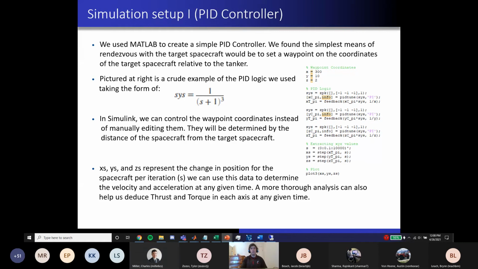It's a pretty crude system here, a pretty simple rendezvous waypoint sort of code that will be shown in more detail in a few more slides. In Simulink, we control these coordinates instead of just manually editing them, and they'll be determined by the distance between the chaser and the target. So that can be done autonomously.